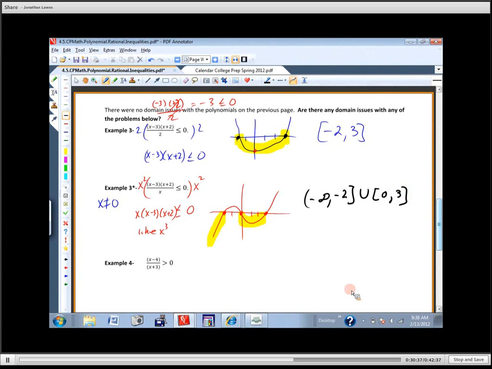Okay, are there any questions there? Okay, does anybody want to point out something about this, that this is an inequality? This is a rational expression, and sometimes with rational expressions you have domain issues. You can't plug in anything you want. What did we do at the very beginning? What number did we throw out? We know you can't use 0. We know for a fact you can't use 0.